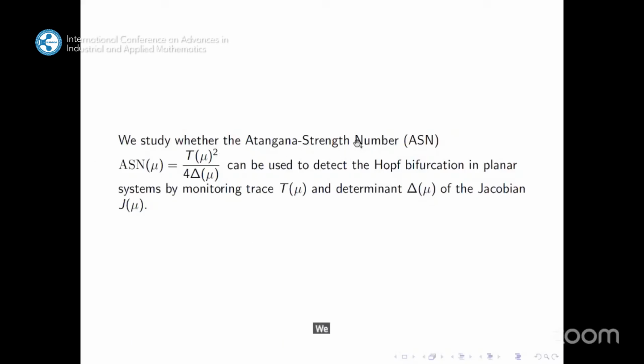We study whether the Atangana strength number can be used to detect the Hopf bifurcation in planar systems by monitoring the trace and the determinant of the Jacobian.